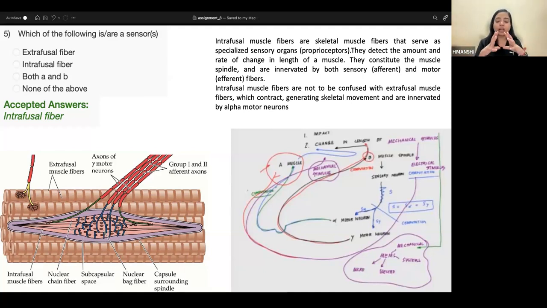So if we are understanding how a muscle contracts from a neuronal perspective, we should always keep in mind that actin and myosin will always be associated with muscle contraction.